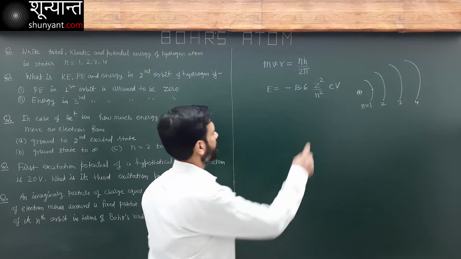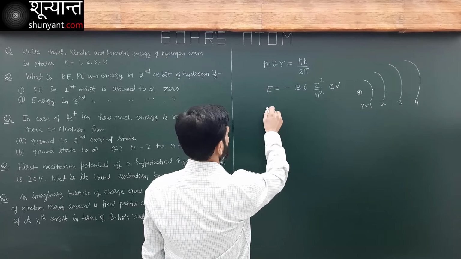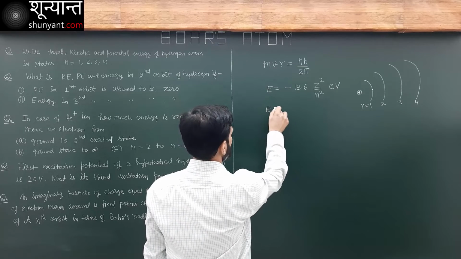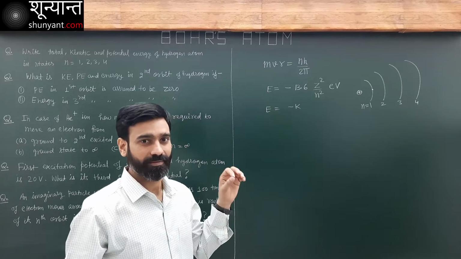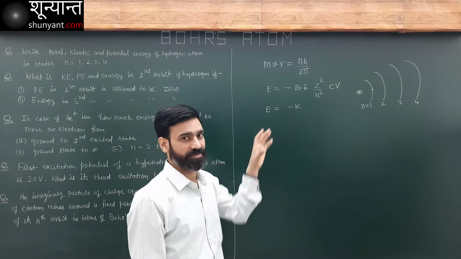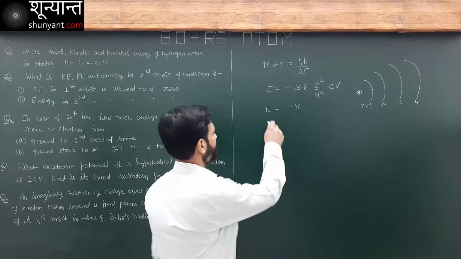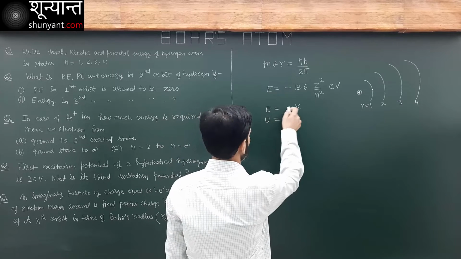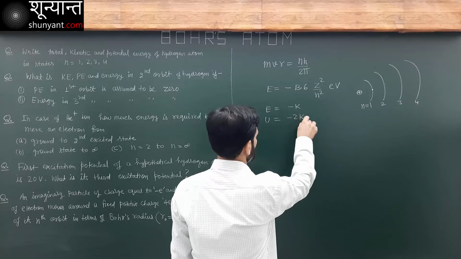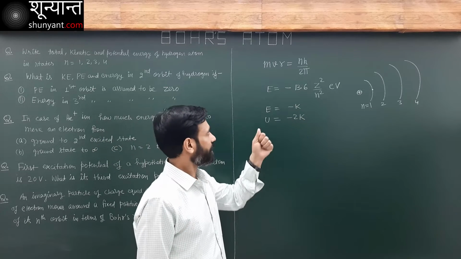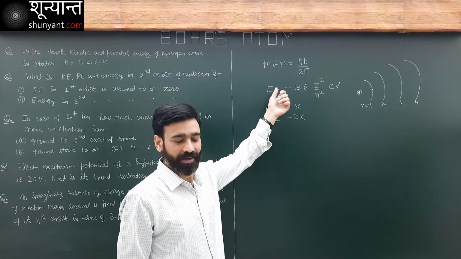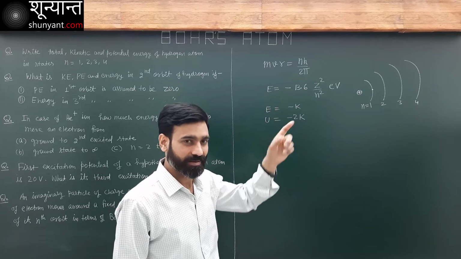Then energy is equal to minus K. What is K? K is kinetic energy, and potential energy is equal to minus 2K. Now, I remember this equation, but I am not remembering the equation for kinetic energy.